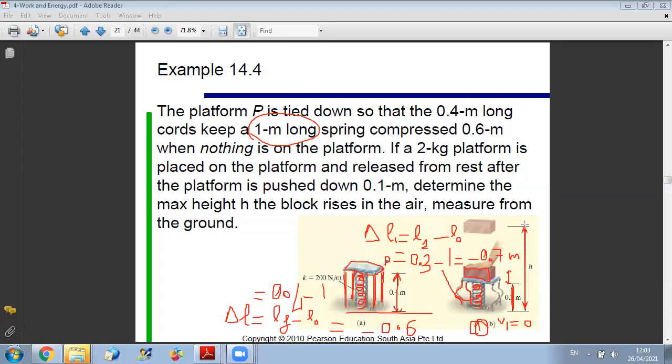You can divide it into steps, and you can do it in one step. For me, I advise you to try to do the minimum number of steps. So here, you can directly apply between the initial state and the maximum height state. If you want, I will put the different states you have, and we will try to do first from the initial to the final, and then we will do an intermediate case.